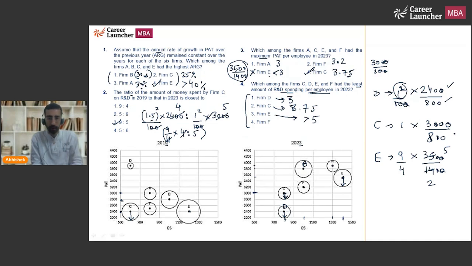Firm F, finally, the last option. Radius is 1. So 1 square, which is 1, into 3200 upon 1000.